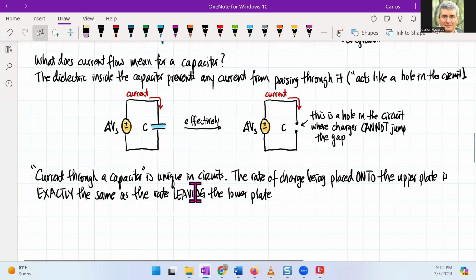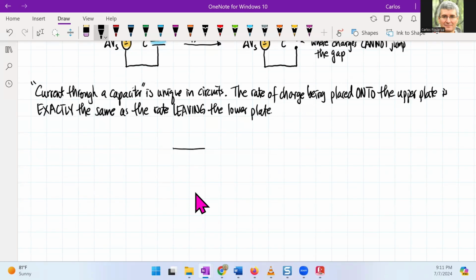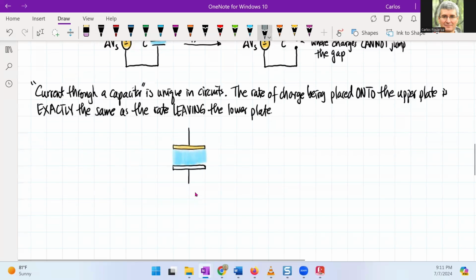Picture-wise, we have a plate. Remember, that dielectric in there effectively creates a hole. Even though it looks solid, it really is a hole. What we mean by current here is the following.